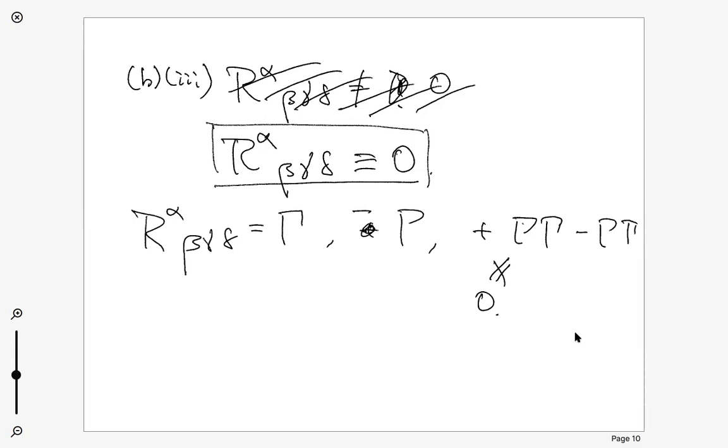Well, it turns out that even when some Christoffel symbols here are non-zero, the Riemann tensor here is 0. Actually, we can try some example here. I would like to just try, say, R theta phi theta.